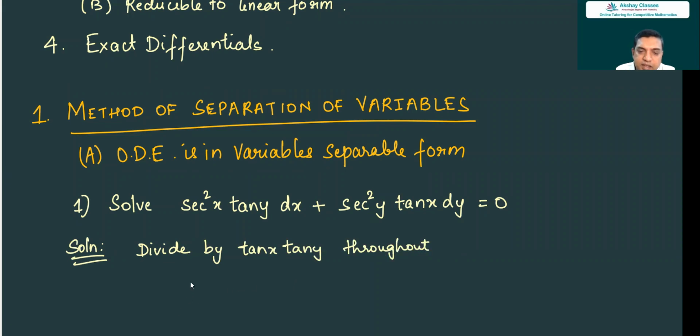If I do that, I will get secant square x by tan x, plus secant square y by tan y. That will be secant square x upon tan x dx plus secant square y upon tan y dy.